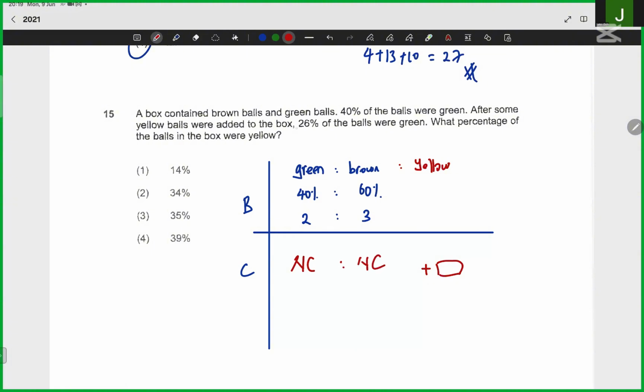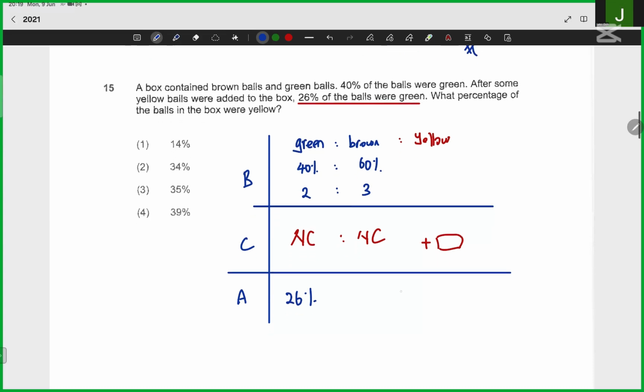Suddenly 26% of the balls were green. So after, here becomes 26%. So what happens to the yellow then? What percentage of the balls in the box were yellow? If you look at it this way, these 2 units must be equivalent to 26%, right?